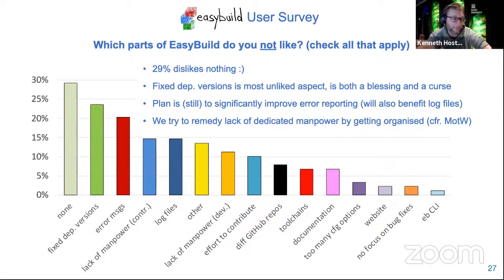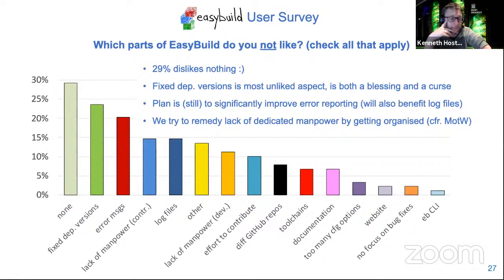A big part of that is because we fix versions, but it's also a curse. It makes it annoying to update to new software versions and update the dependencies along with them. That's currently mostly a manual job, even though there's things like try update deps that are a big help in automating that. So we should probably work on that and try to get this number down a bit.